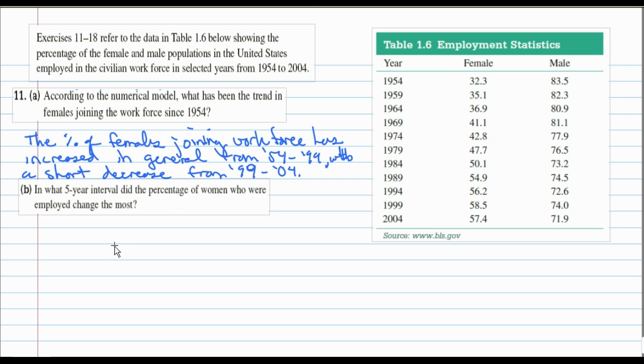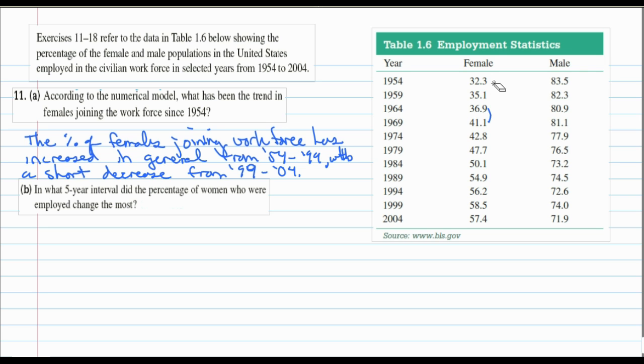B, in what 5-year interval, so what single change that has been recorded, did the percentage of women who were employed change the most? So I'm looking for the most dramatic change in each of these 5-year intervals that are measured. Let's see, just off the top of my head, about 3% here. 1, no. This is a little over 4.